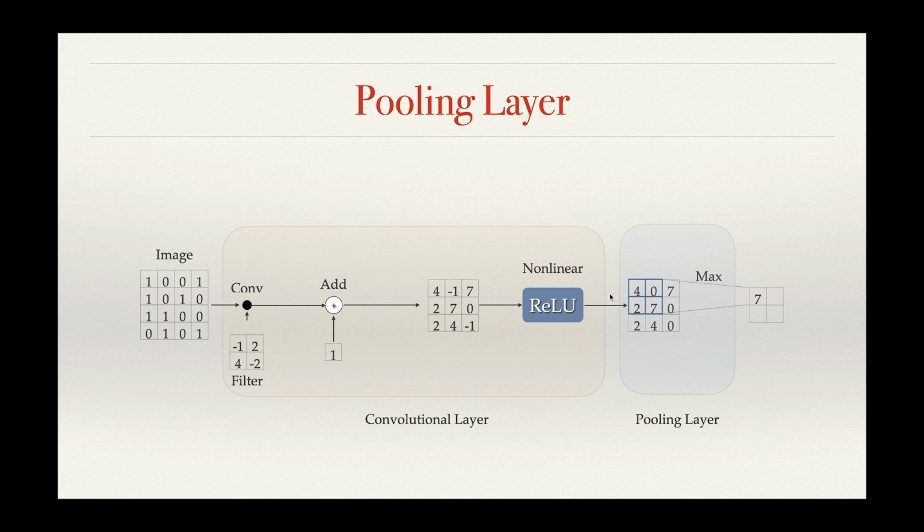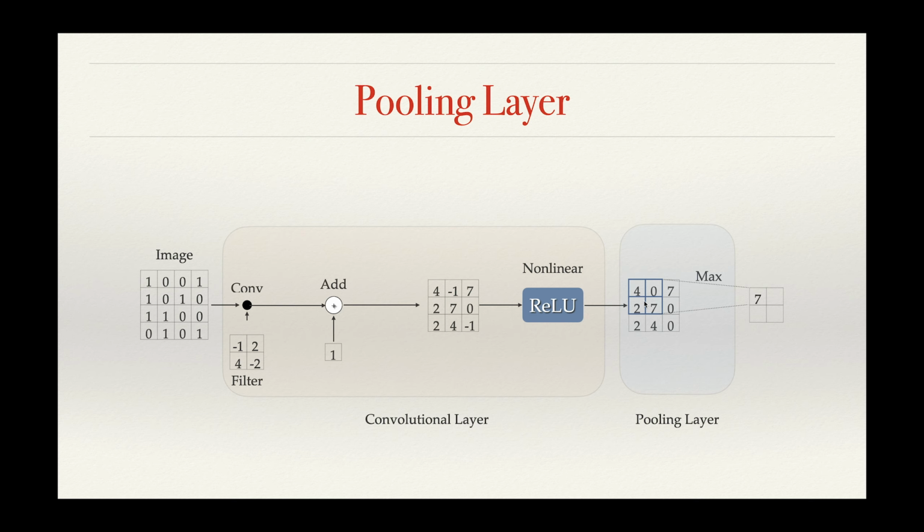The convolutional layer we have seen before. So we generated the feature map out of the convolutional layer, and now we have a max pooling here. The pooling layer also has a kind of template, or kernel, whose size could also be one of the hyperparameters. Here we have, for example, a 2 by 2 template.